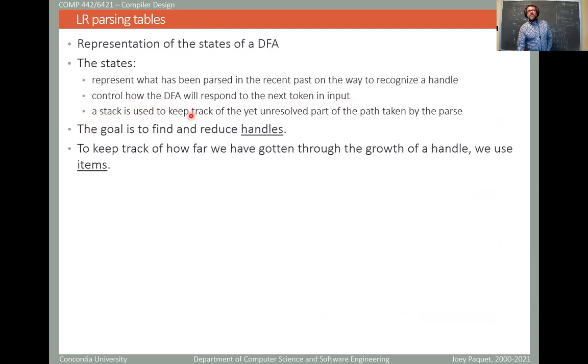And finally, a stack is used to keep track of the yet unresolved part of the path taken by the parse. So you're going into this DFA in different states. You have to remember what is the path that you took in the recent past, so that if you start going in a certain path, which is going forward in a certain right-hand side, and then you find yourself in a certain state at the end of this right-hand side, then you know you have to somehow undo or remove this right-hand side from the stack.